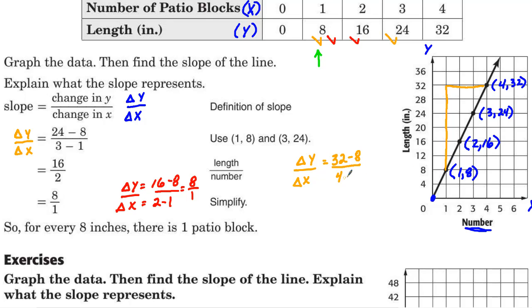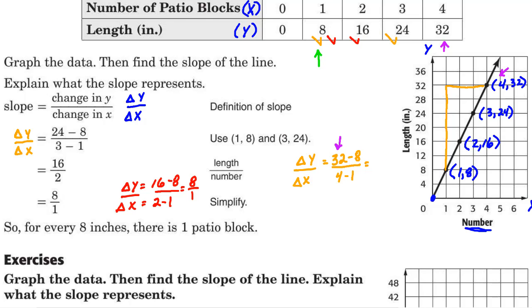So 4 take away 1. We always do the biggest number minus the smallest number, but I want to point this out: this 4, 32 right here is that point right there. So we have to keep those together, the 4 and the 32, the 1 and the 8.